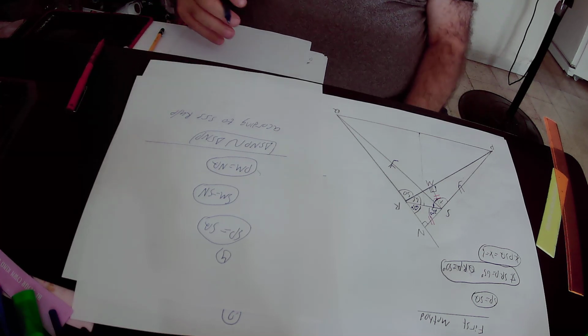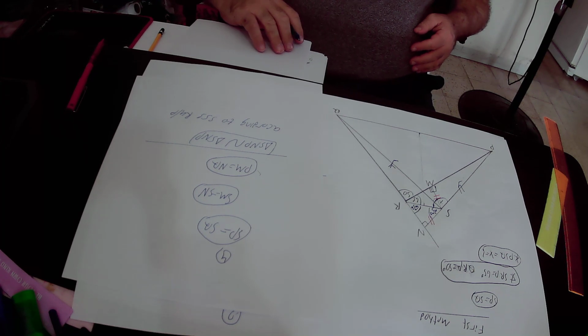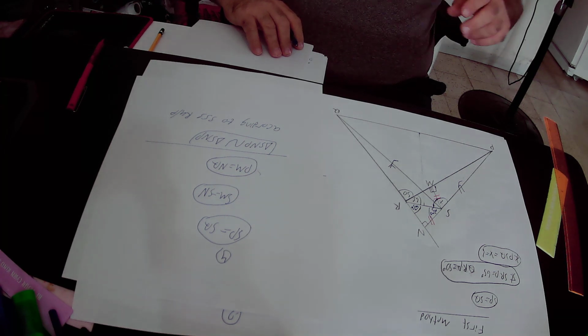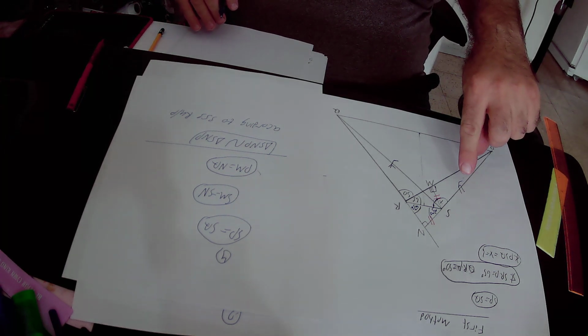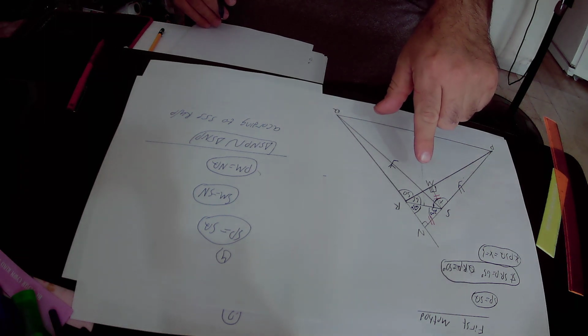So what is side rule? Side rule is that if you prove that three sides of one triangle are correspondingly equal to three sides of another triangle, then you actually prove that those two triangles are congruent according to side rule. And we proved that three sides of the right triangle SMP are correspondingly equal to three sides of the right triangle SNQ.